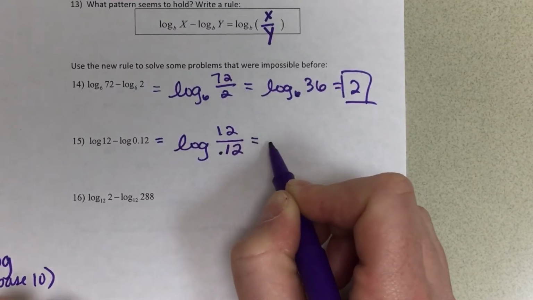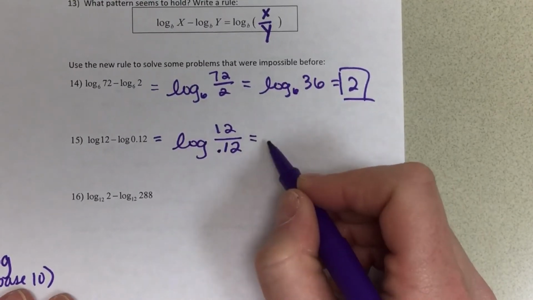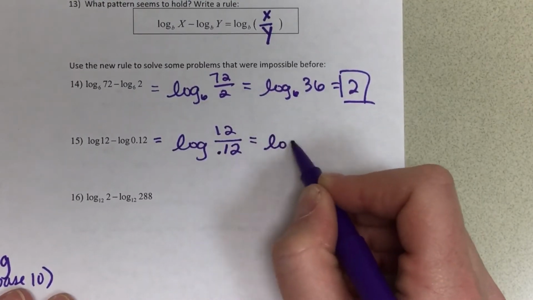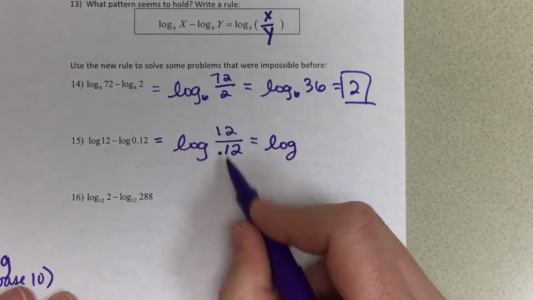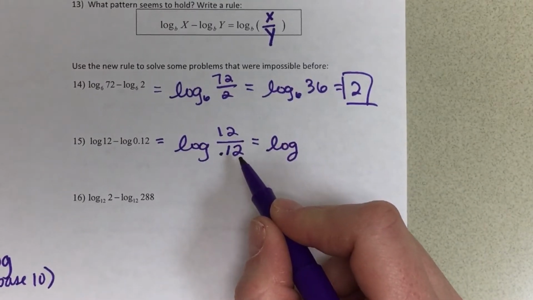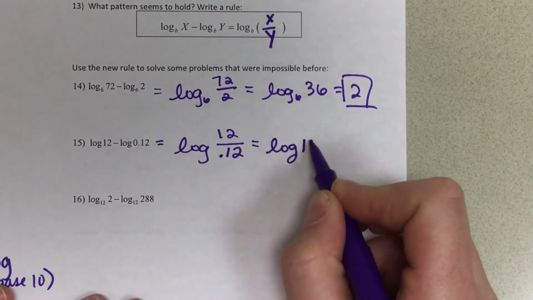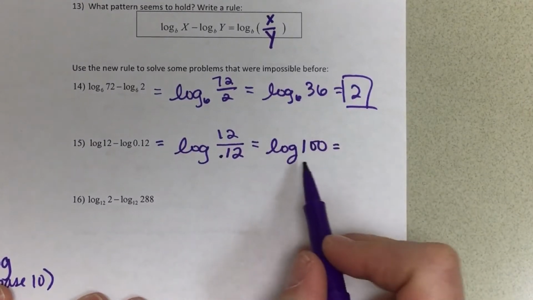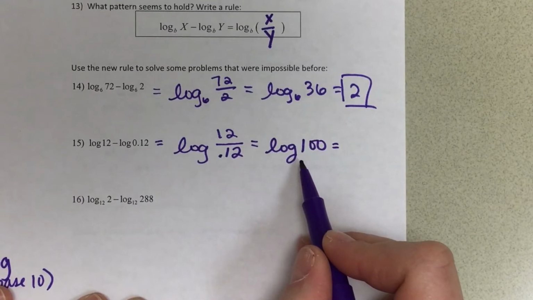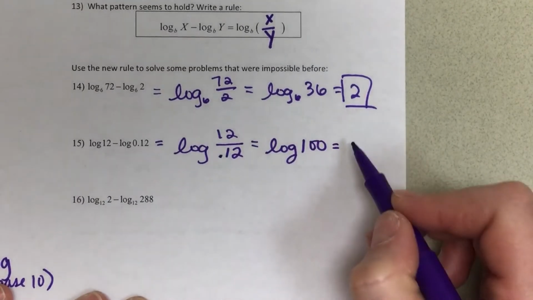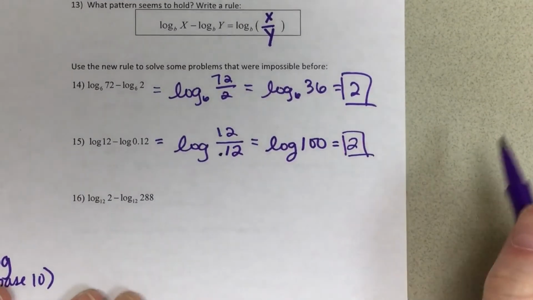So you can go ahead and divide those. So 12 divided by 0.12 should be 100. I just needed to make sure you guys would have too. So if there's a base of 10 here that we don't see, 10 to what power gets you to 100? That's going to be 2.